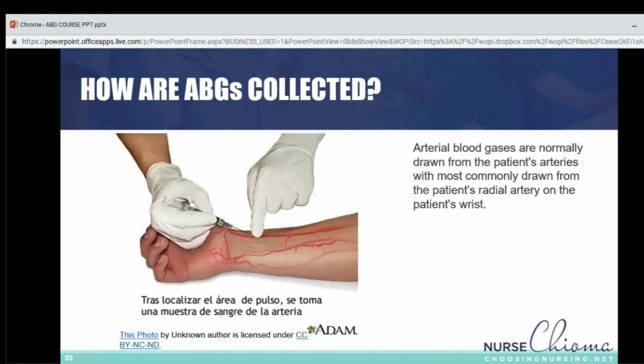It can be done by phlebotomists, but that's not as common because it requires a different type of skills, so to speak. A nurse can do it, absolutely, so you can learn to do it. But I've seen more respiratory therapists collect it.